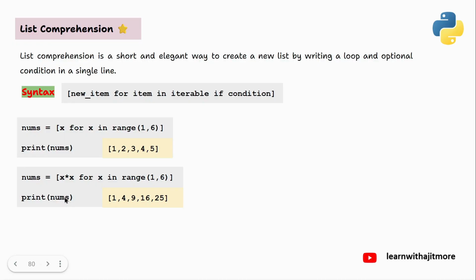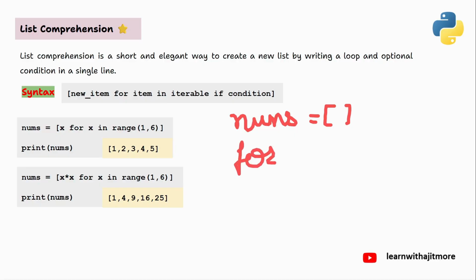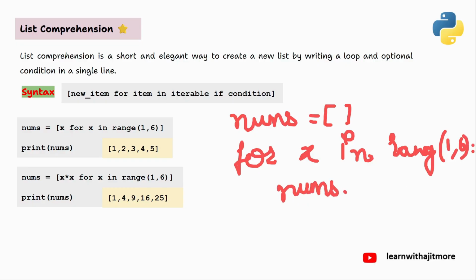Getting? सेम काम आप लोग अपेंड से भी कर सकते थे ना. अगर मुझे स्क्वायर वैल्यूज की एक लिस्ट चाहिए, तो एक लेंदी कोड क्या लिखते थे? पहले आप एक एम्प्टी अरे क्रिएट करते थे. एम्प्टी अरे मीन्स लिस्ट. कभी कभी मैं अरे वर्ड बोल देता हूं, but array means list. So nums equal to square brackets, एक एम्प्टी. फिर आप लोग एक फॉर लूप चलाते थे, for x in range 1, 6. ठीक है? ऐसा एक लूप चलाते थे. फिर लिखते थे nums.append, अपेंड मेथड याद है ना?